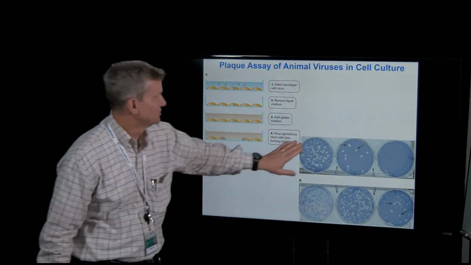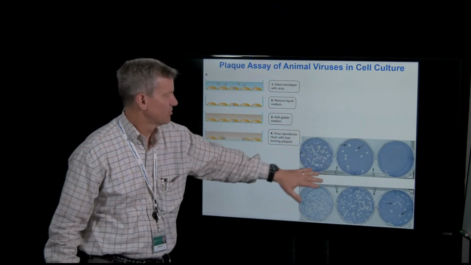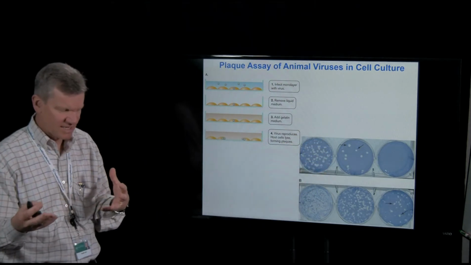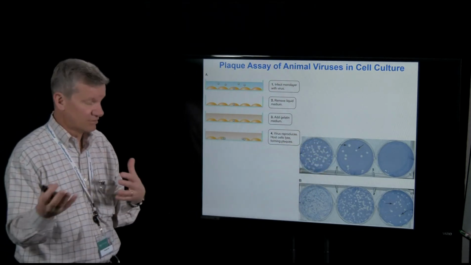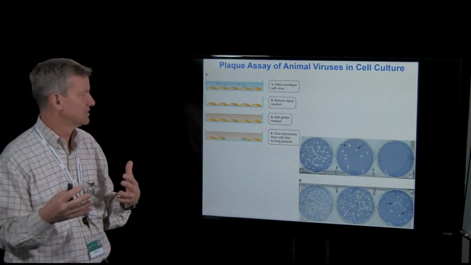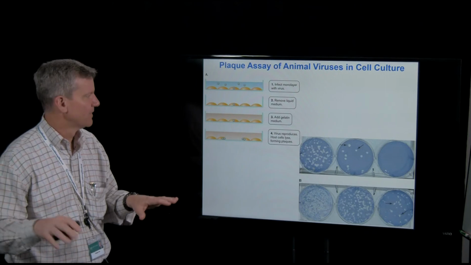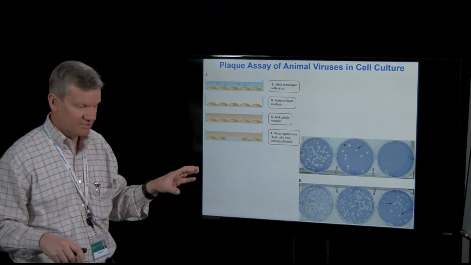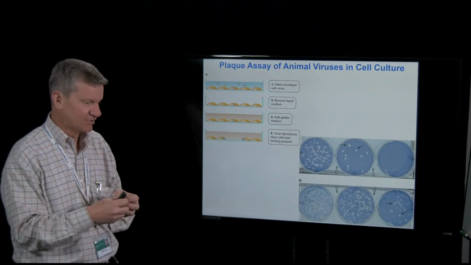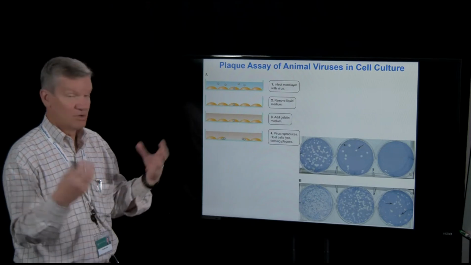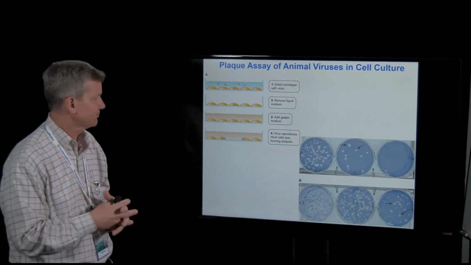This blue here is a special stain for cells. There are different types of stains for cells, and most of them are blue, so the cells themselves stain blue. When the virus kills the cells, we don't have any blue staining anymore.